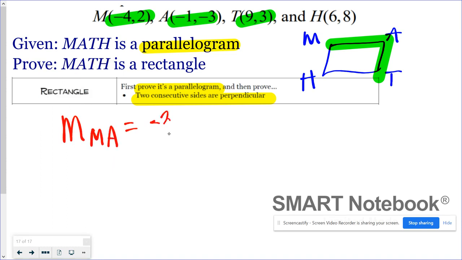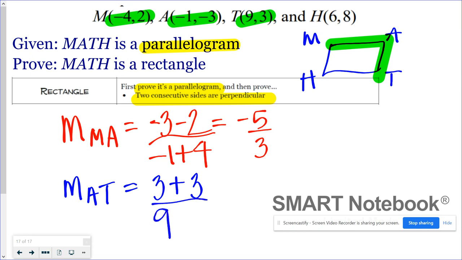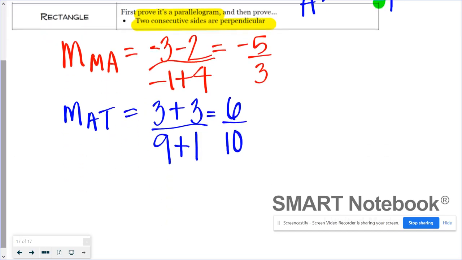So I have y2 minus y1 over x2 minus x1, you get -5 over 3 for the slope of MA. The slope of AT, so y2 minus y1 over x2 minus x1, it's 6 over 10, which simplifies to be 3/5.